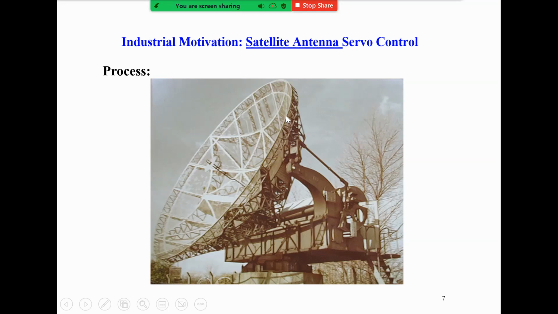Why you want to make it move? Because you want to make this antenna to track the satellite. Okay, here I just give you the motivation for the tracking controller design. Okay, here is a short video clip about the satellite technology and the antenna.